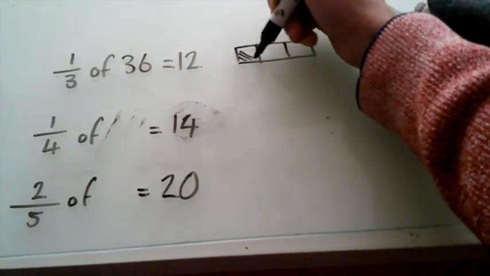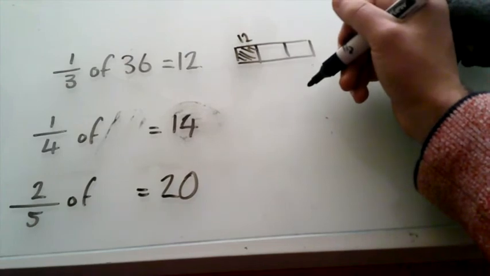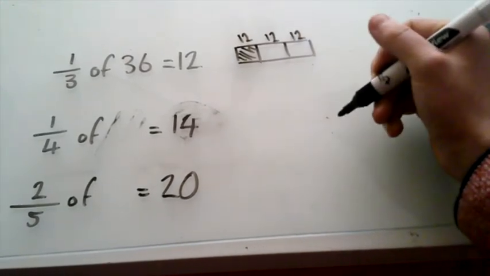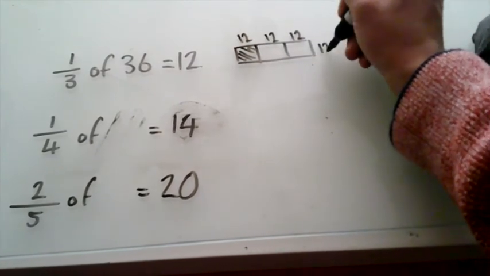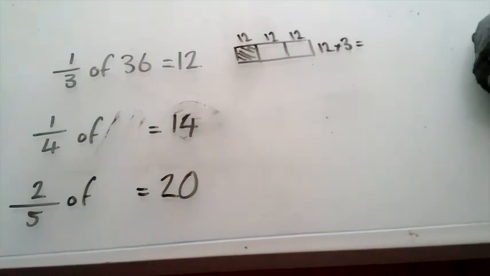Just to show you this one in a bar model, we would have our whole split up. We know 1/3, so one segment equals 12. We're doing 12, add 12, add 12 to work out what the whole is, or that is also the same as 12 times by 3. So the next one, we've got 1/4 of something equals 14.